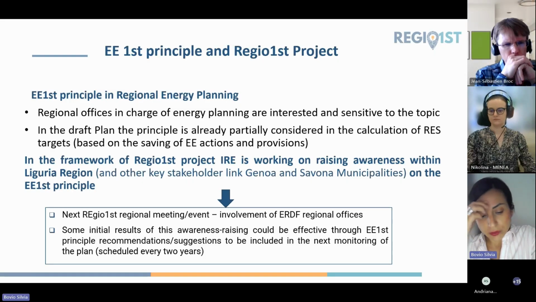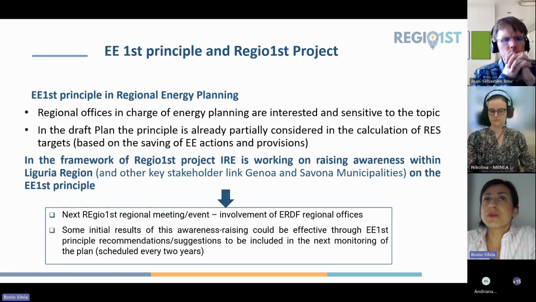But of course, our Liguria region is the main stakeholder for us in the framework of the Regio1st project, together with the two main municipalities of our region. So the regional offices in charge of energy planning are very interested and very sensitive to the topic.